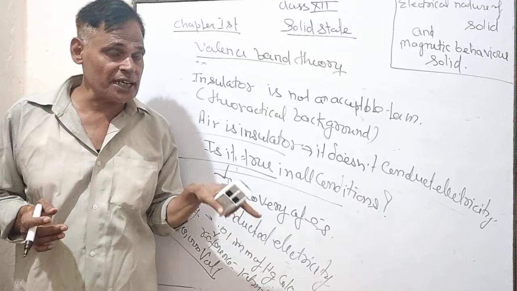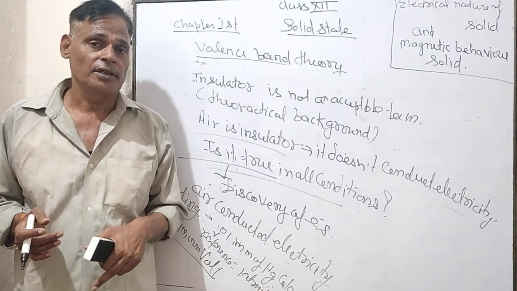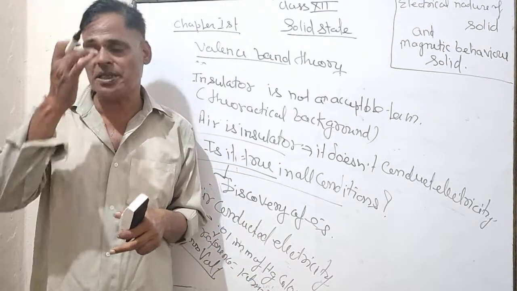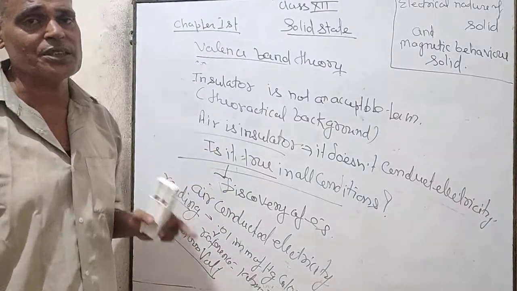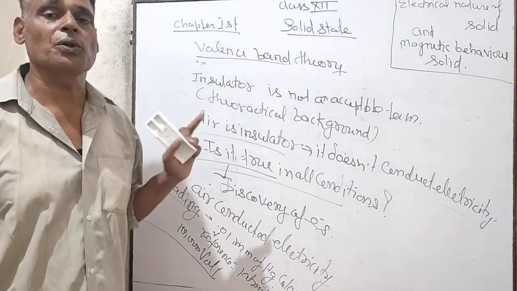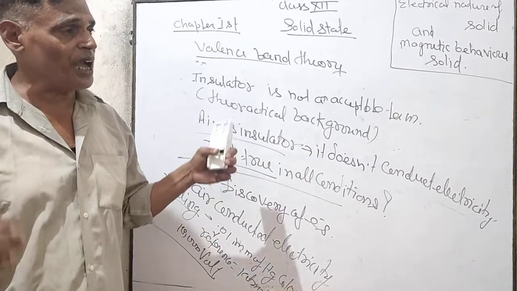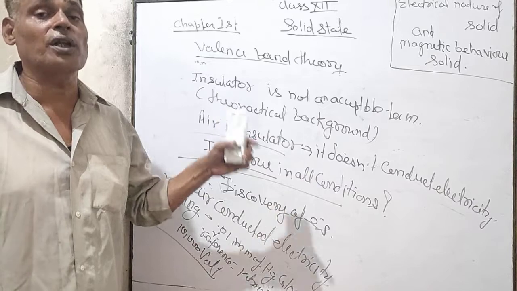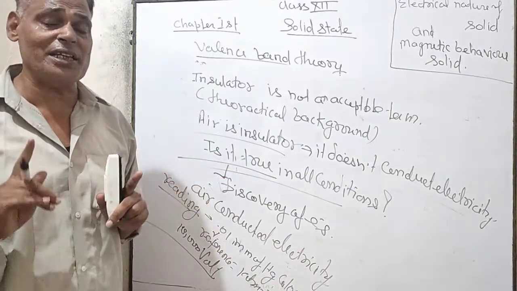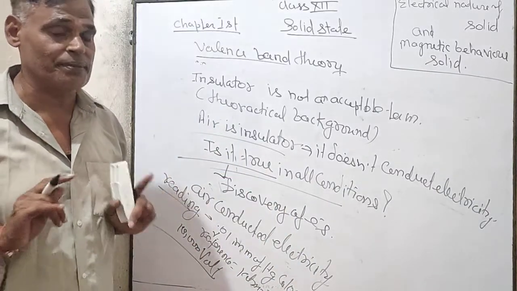And it conducted electricity. So theoretically, if somebody says that an insulator exists, the answer is that it does not exist. If we apply more and more potential difference, under such a condition any substance will conduct electricity.